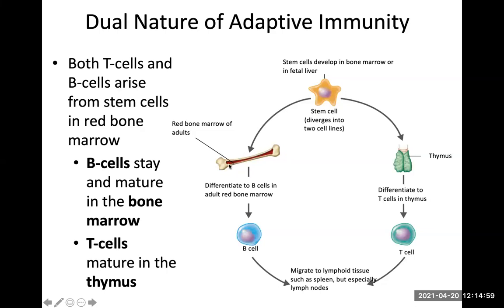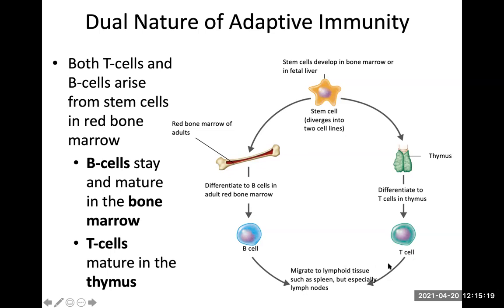T cells, on the other hand, go to the thymus and mature, and that's where you make sure before you release them that they're safe. You won't have autoimmunity, right? And then once those are mature, then they will travel to the lymph tissue, right?